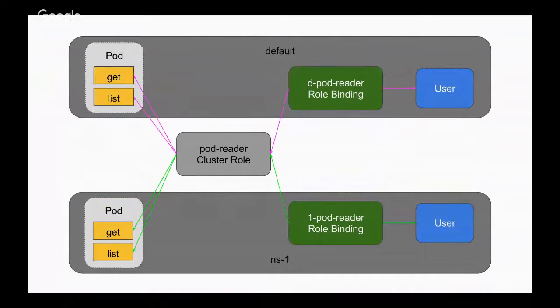In that case, you create a cluster role, which is a role that crosses namespaces, and then the binding exists within the namespace to connect it to a user. And that means that that user, as connected by the pink lines, is only going to have permissions within their own namespace. But the kinds of permissions that they have are going to be the same as every other person who has that role in their own namespace.